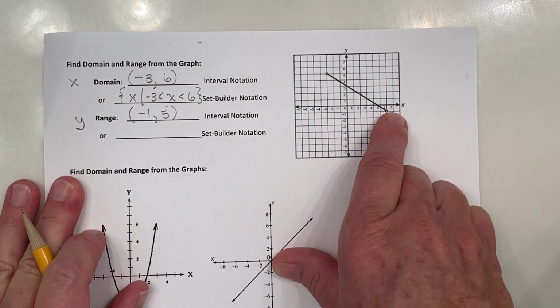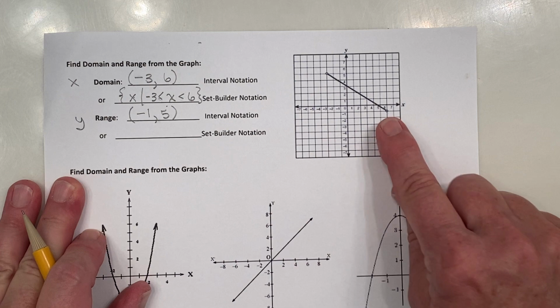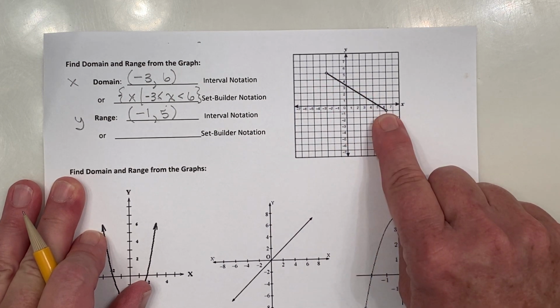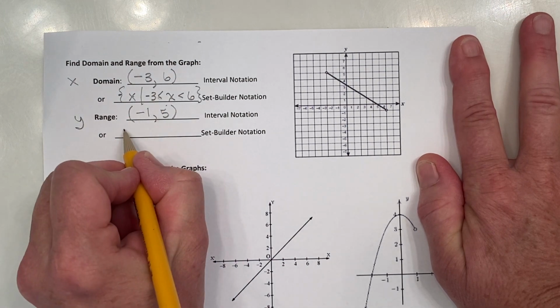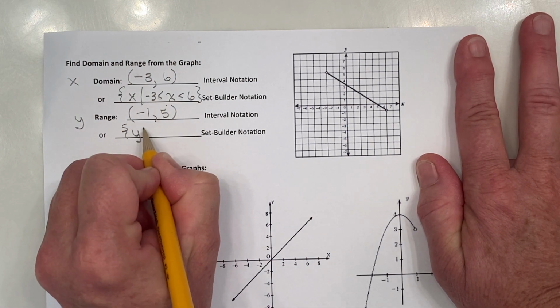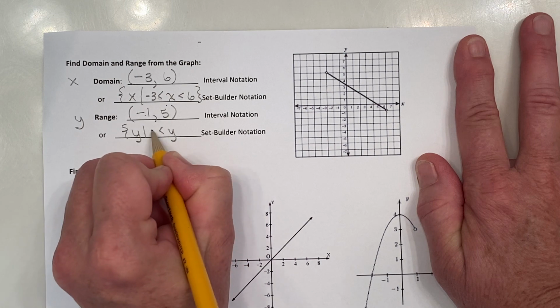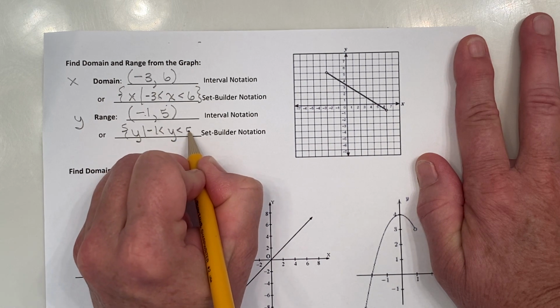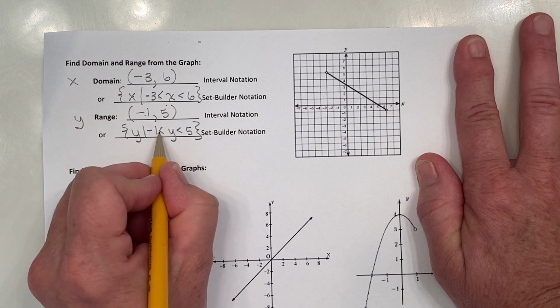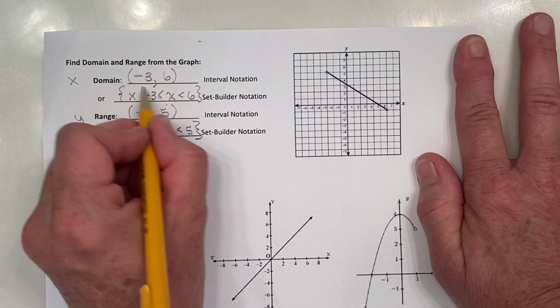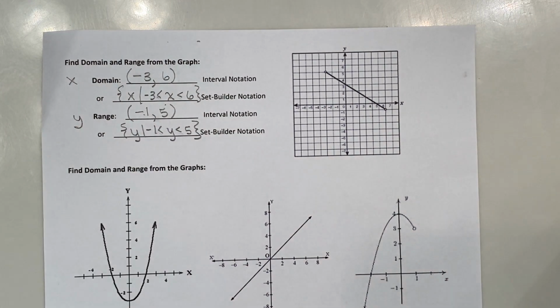I have two open circles. So this describes all the y values of points that would be listed on this graph. So in interval notation, all y's such that y is greater than -1 but less than 5. Again, we have open circles, so I'm not having the little lines here, nor am I having brackets on the interval notation.